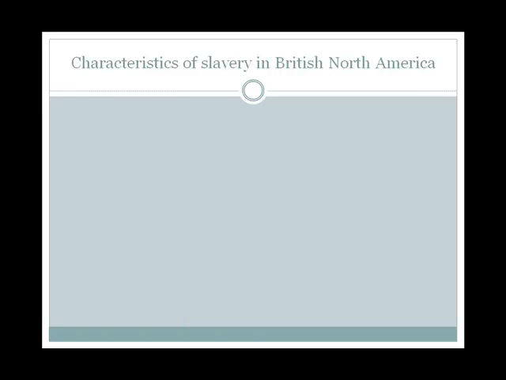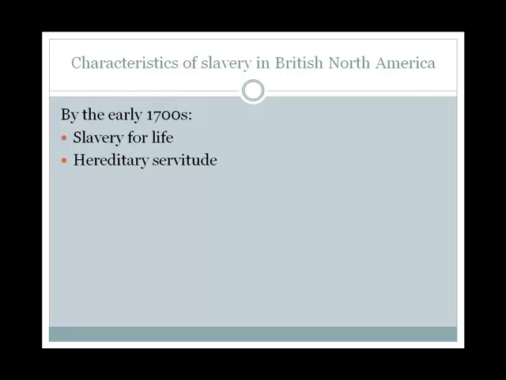So, what are the characteristics of slavery in the British colonies in North America by the early 1700s? First of all, it is slavery for life. It is hereditary. It is hereditary in a different way from the way in which heredity applied to Europeans in all other areas, or to free people in all other areas of British law.